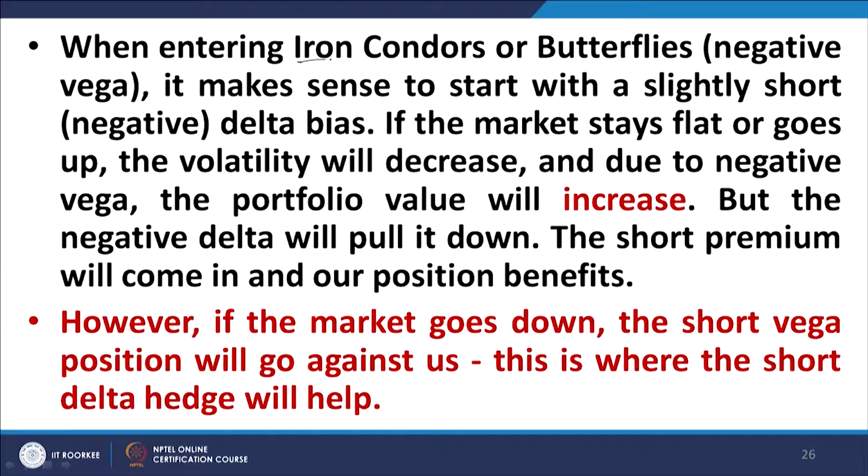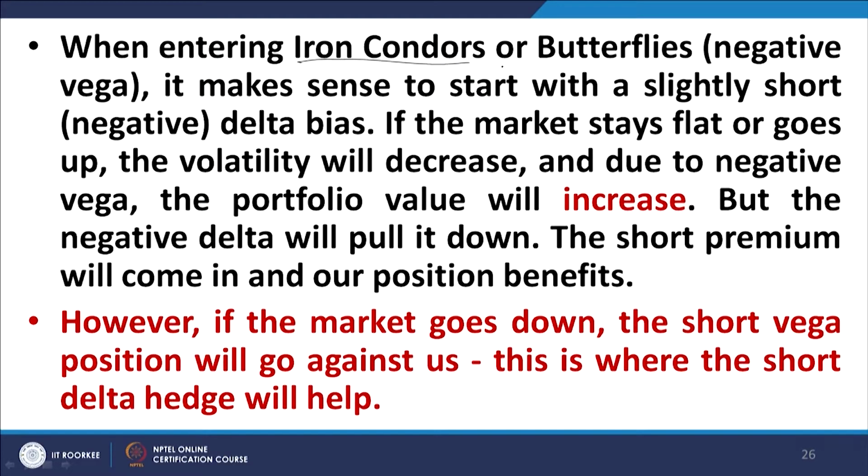The negative Vega, if the market is stable, will increase the value of your portfolio, whereas the short delta, if there is a small increase in the price of the underlying asset, will reduce the value. However, in these kinds of positions, the main profit is the premium that you receive, and the premium you have received will come in handy.